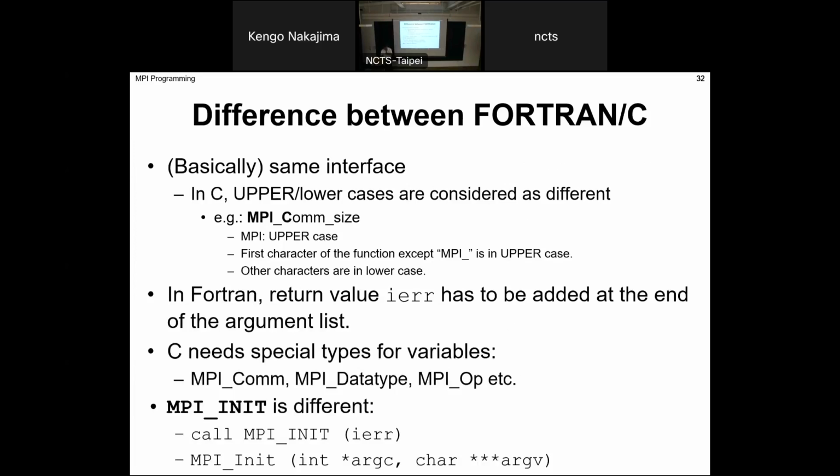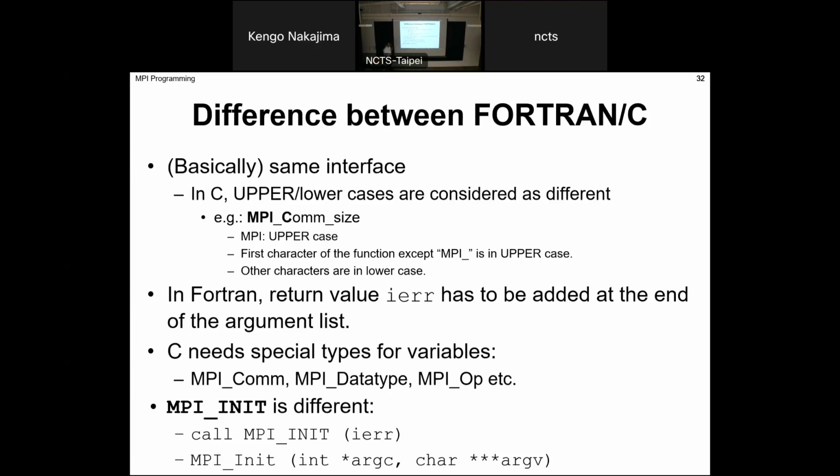So in the case of C, capitals and lowercase are strictly defined. The name of the MPI function must have MPI in capitals, and the first letter after MPI underscore must be capital, but others are lowercase. So this is a rule.